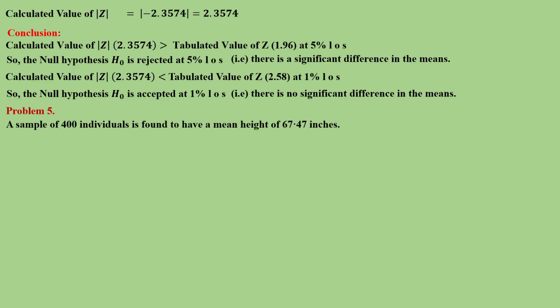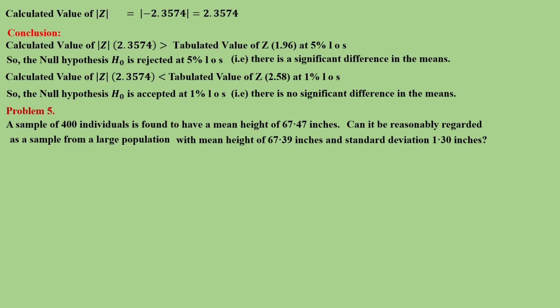Next problem, a sample of 400 individuals. The size of the sample n is equal to 400, and it is found to have a mean height of 67.47. So the sample mean x bar is 67.47. Can it be reasonably regarded as a sample from a large population with mean height of 67.39?